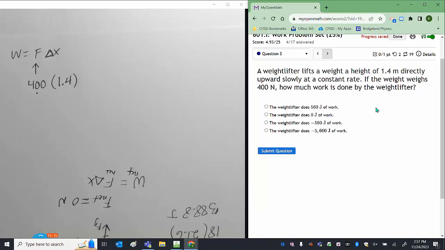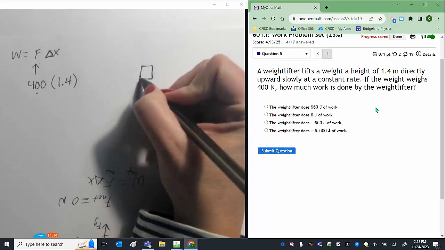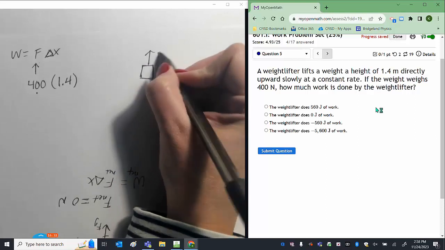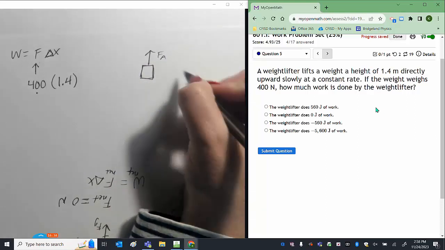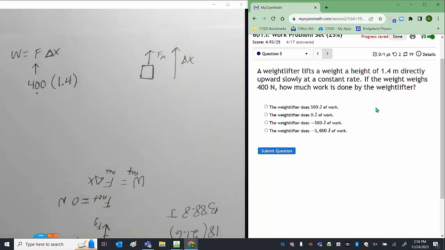The applied force and the displacement are both upward, in the same direction, so the work is positive. The weightlifter does 560 joules of work.